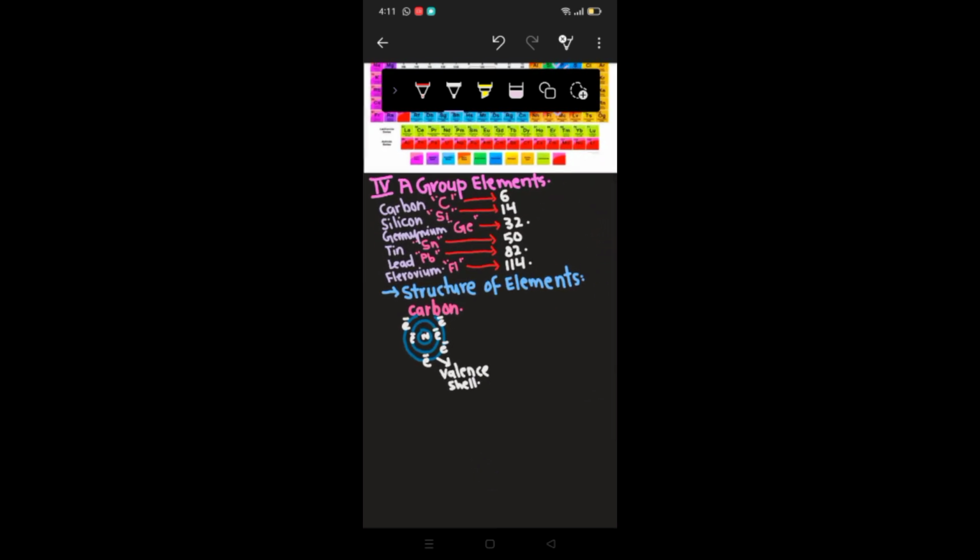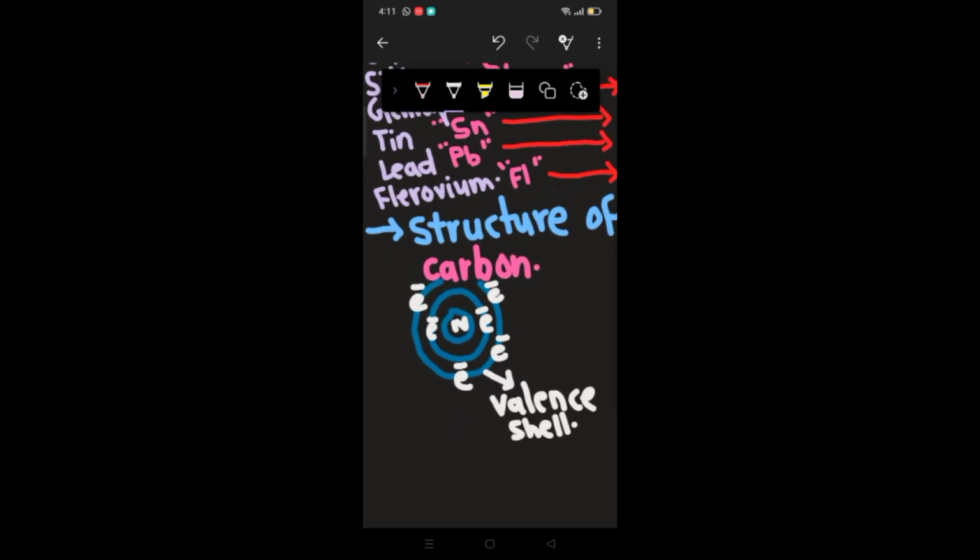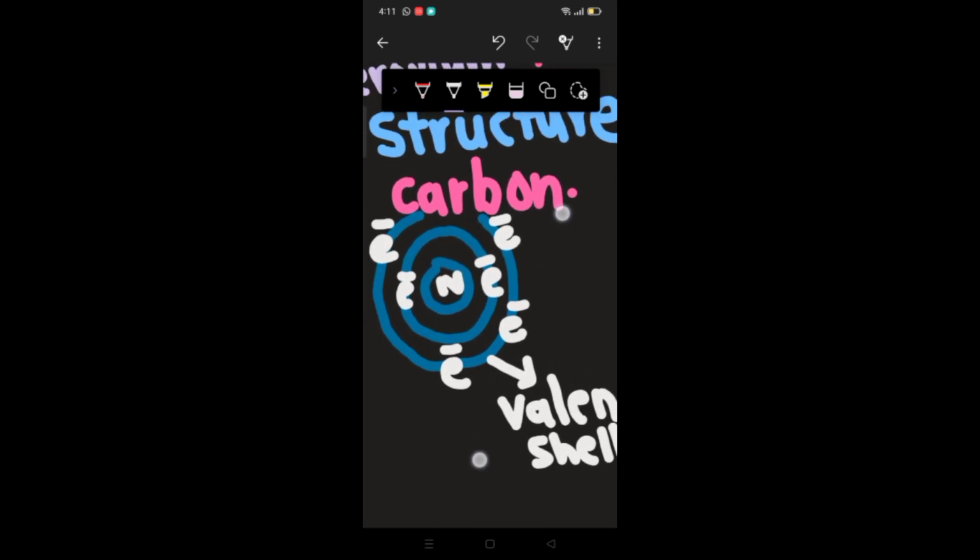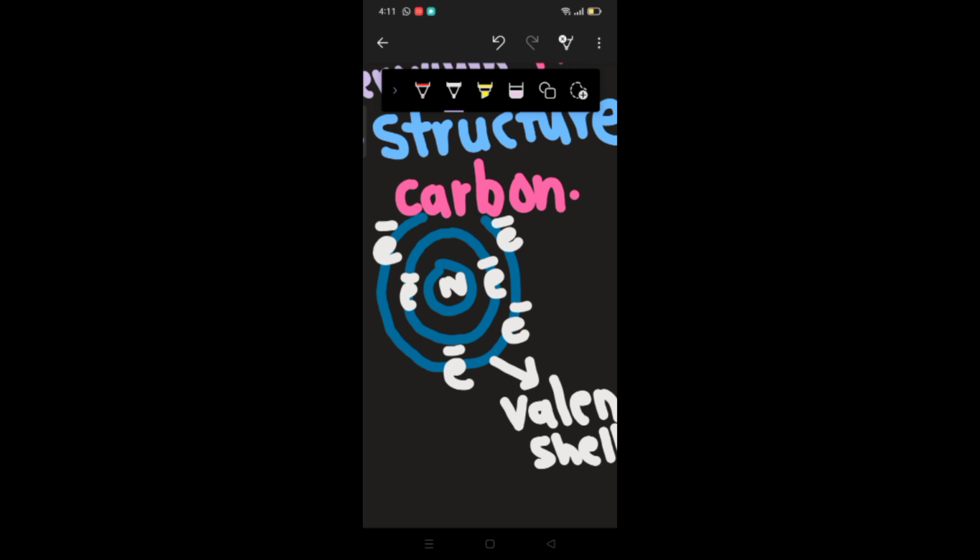We have 4 valence electrons. So it means it needs 4 more to complete its outermost shell. It will not, of course, gain 4 more electrons, but it will make covalent bonds with hydrogen so that it can be made stable. Alright, so this is how the structure of carbon is made.